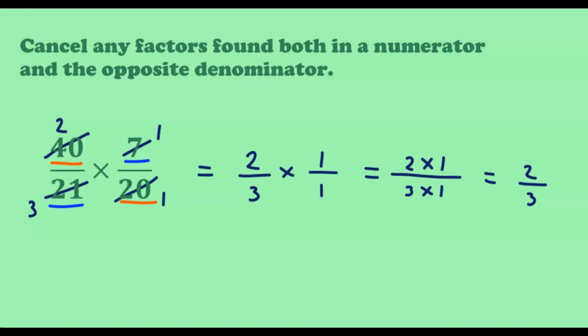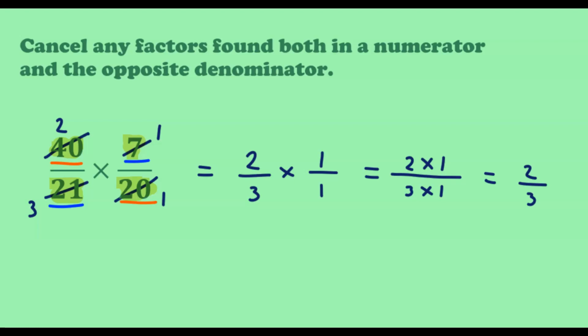Now in this case, note that we found the greatest common factor for each numerator and its opposite denominator. The greatest common factor for 20 and 40 is 20, and we use 20 to divide these two numbers. And the greatest common factor of 7 and 21 is 7, and we divided both these numbers by 7.